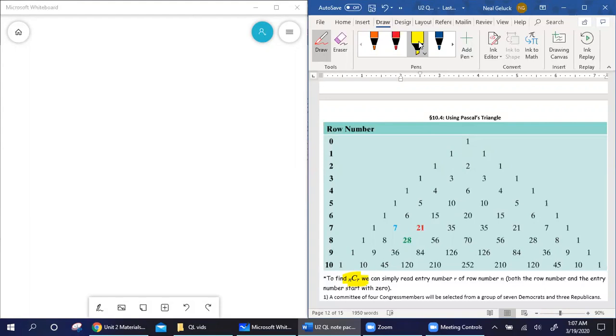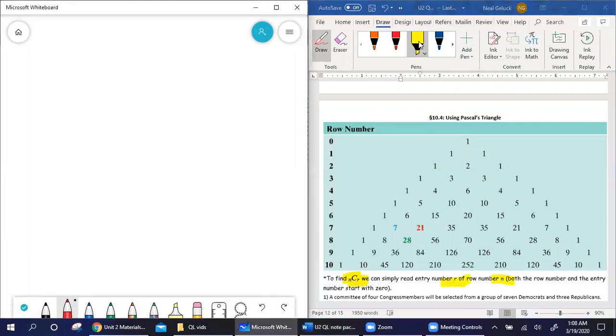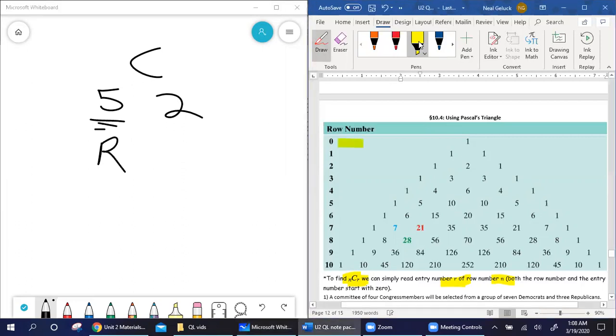So what's interesting is that if I read the entry in row N of number R, that actually tells me the number of combinations. So for example, if I had combinations of 5 choose 2, I would go to row 5, that's the row. Now notice that the row does start with row 0.